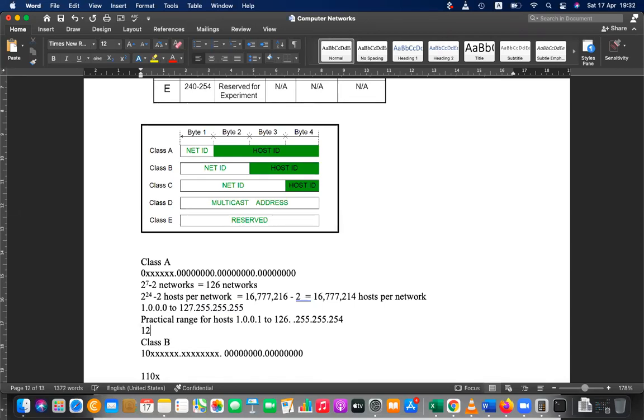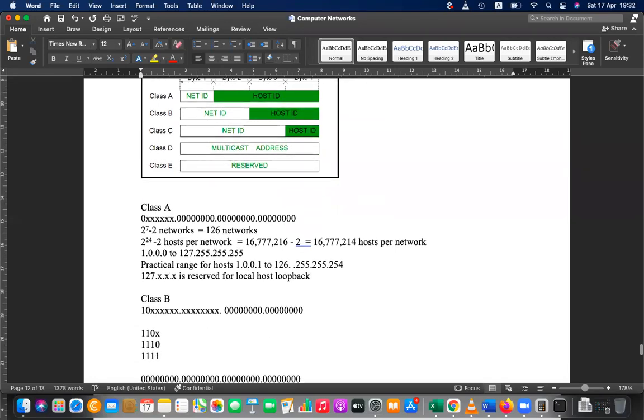And 127.x.x.x is reserved for local host loopback. This is the actual picture. But theoretically, if someone asks, you can say the range is 0 to 127. This is the theoretical range.